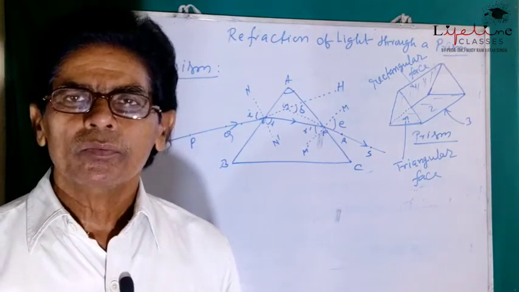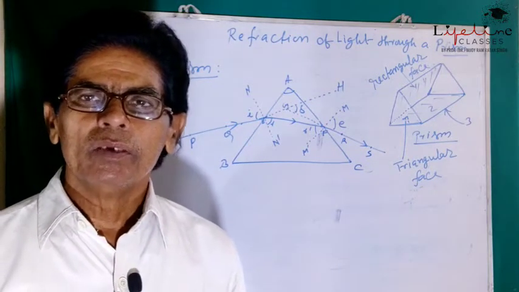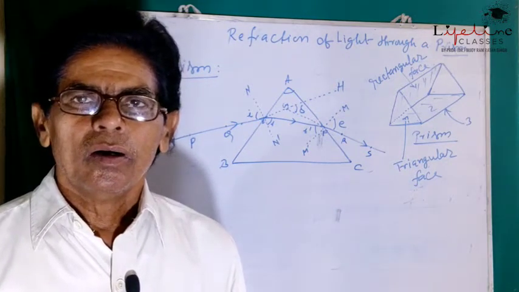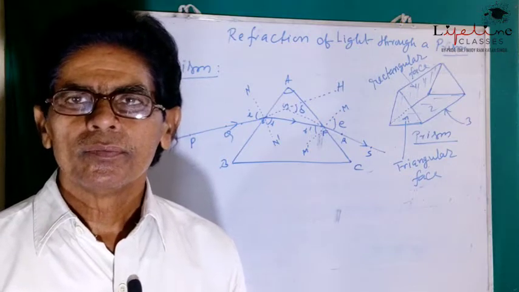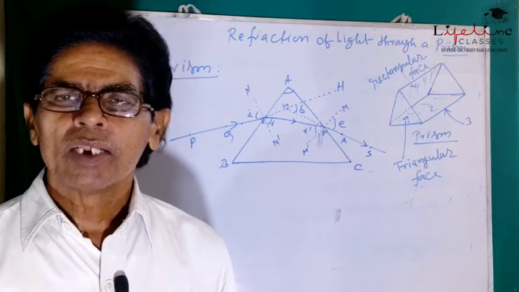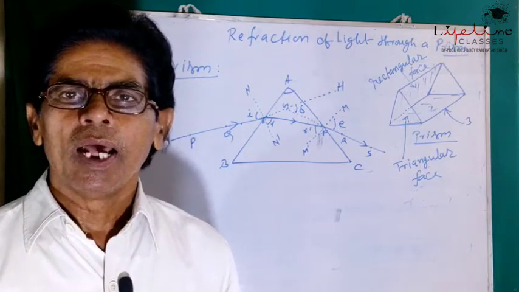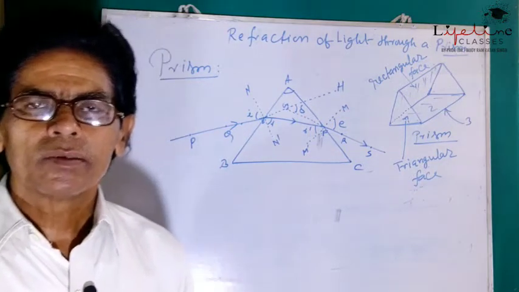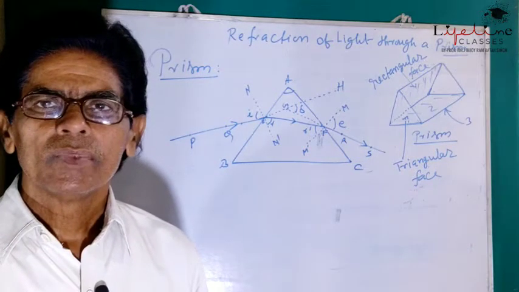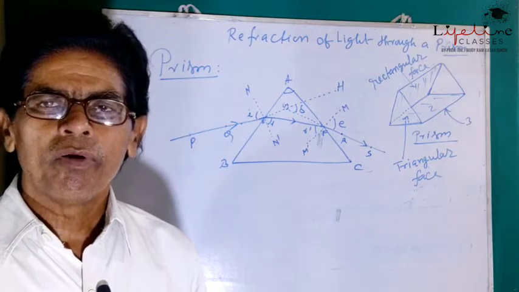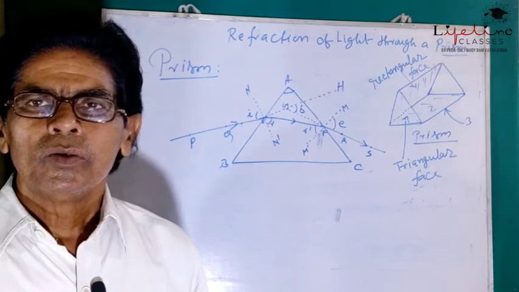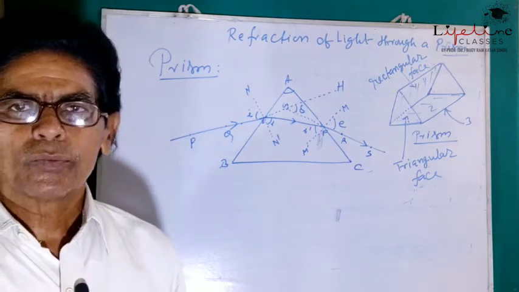what is a prism? A prism is an optical device made up of transparent materials like transparent glass. It is bounded by three rectangular faces and two triangular faces.